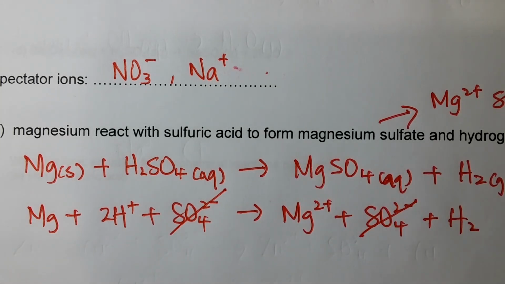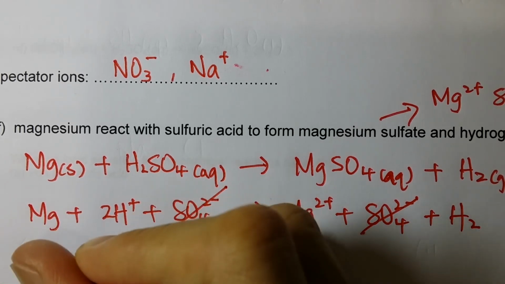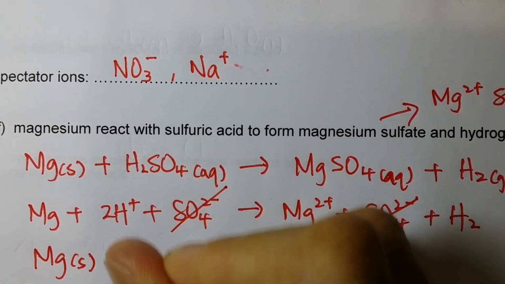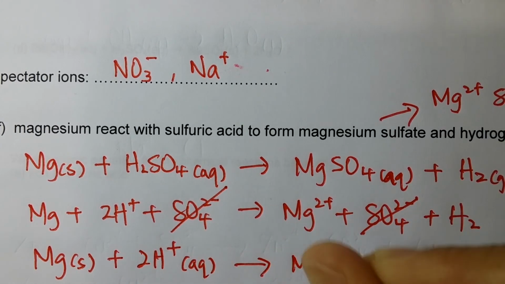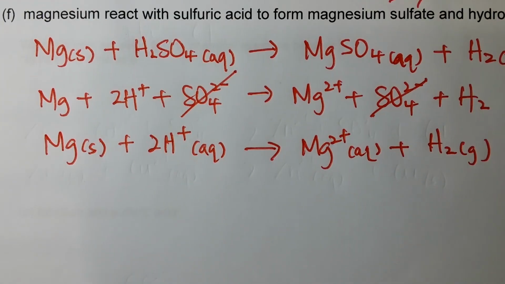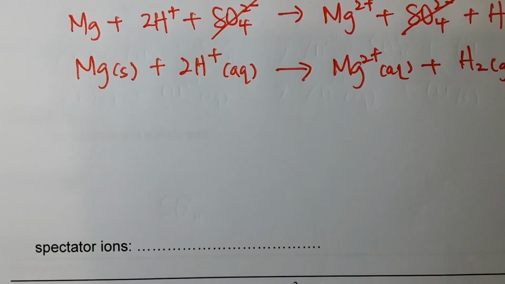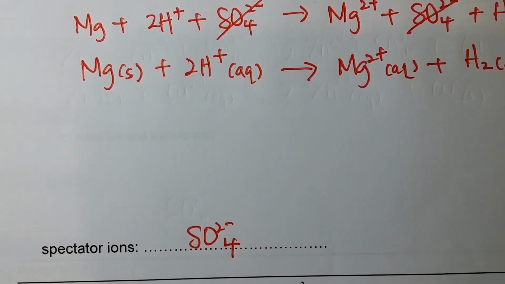SO4 2 negative, SO4 2 negative. Okay, then you rewrite: solid, 2H plus aq, Mg 2 plus aq, H2 gas. So the spectator ion is SO4 2 negative.